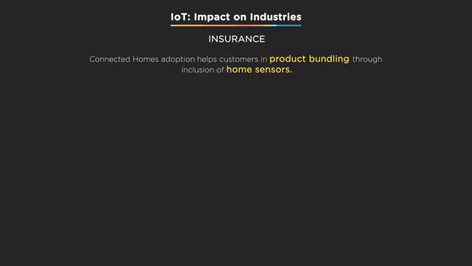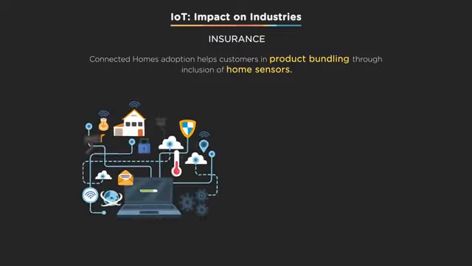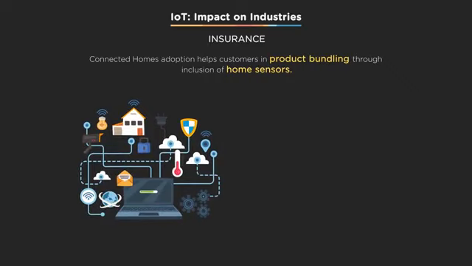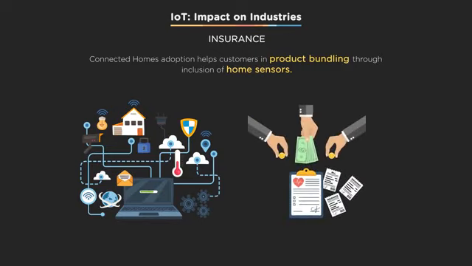Connected homes adoption helps customers in product bundling through inclusion of home sensors along with non-insurance value-added home maintenance services during the policy purchase journey. For insurers, claims processing in this kind of product becomes simple as loss notification is routed automatically through sensors rather than the traditional way, where the insured reports the loss manually by filing a claim.